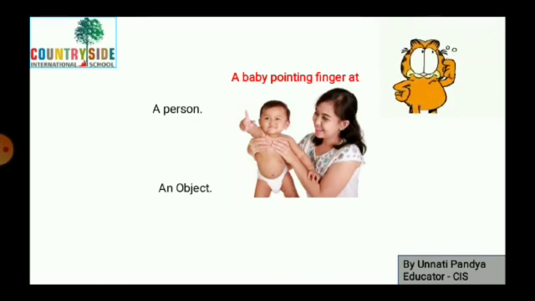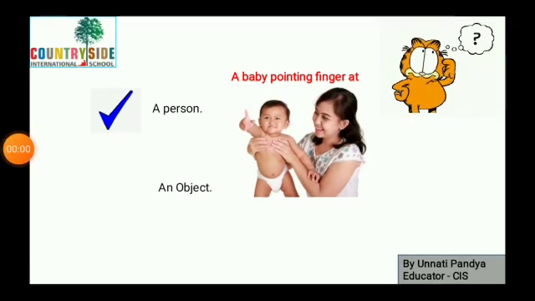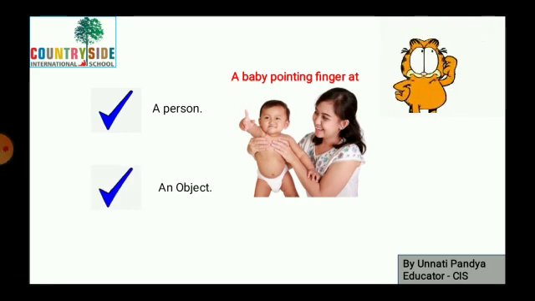I am sure you have thought of the answer very well. Let's check your answer. So the first one, a baby pointing a finger at a person, is right. A baby pointing a finger at an object is also right. Why are both right?